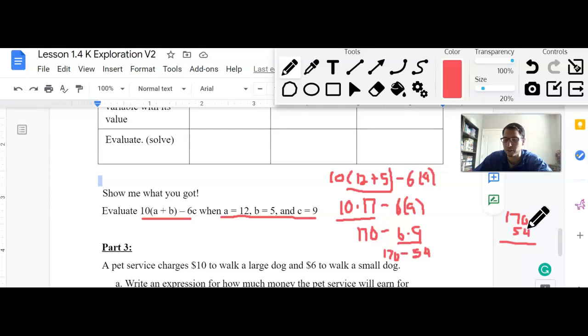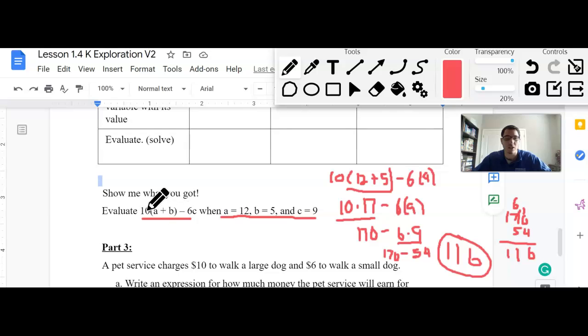Can't do 0 minus 4, so I borrow here. This becomes a 6. Becomes a 10. That's 6. 1, 1. Okay, so 116 should be our answer. Simplified. If you're able to get that problem, that is fantastic.